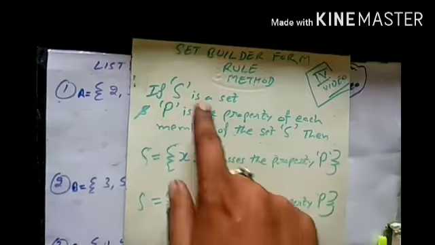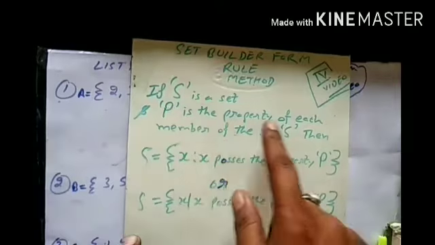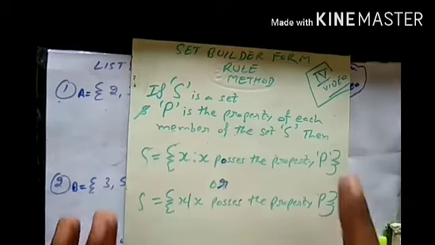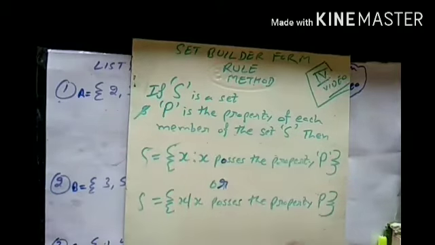If S is a set and P is the property of each member of the set S, you have to observe each member and apply your mind to find the common rule that is followed by all these members. It means, what is their common property.